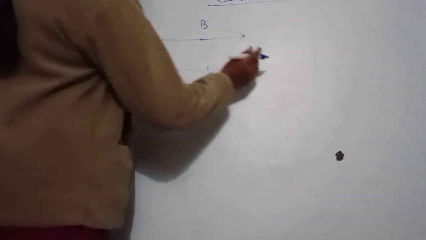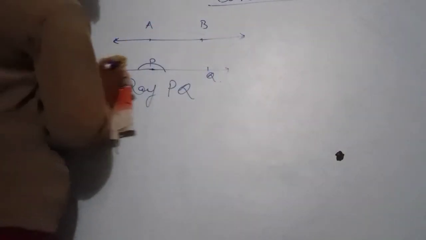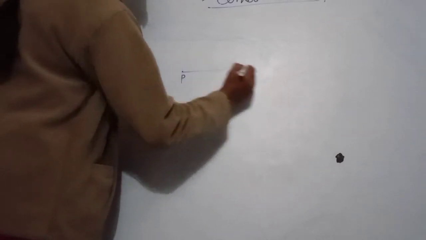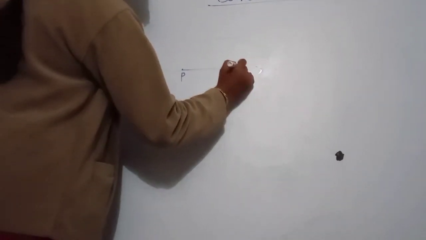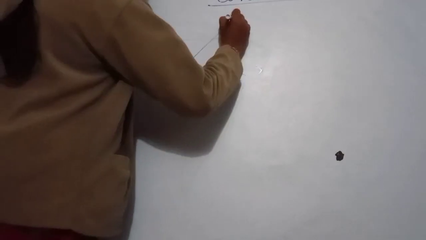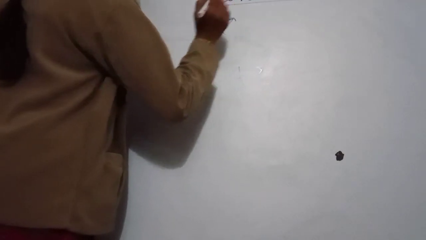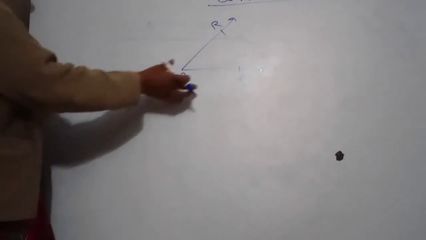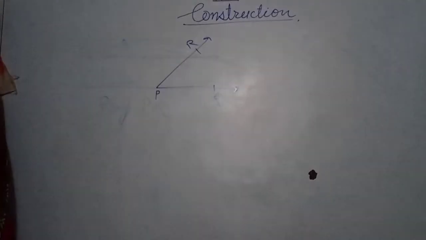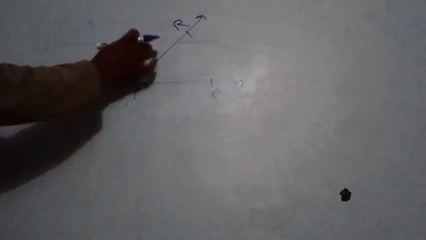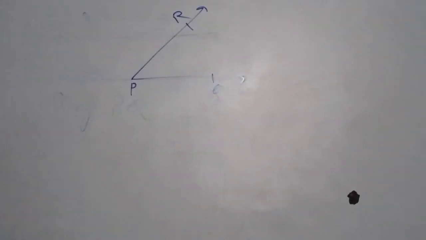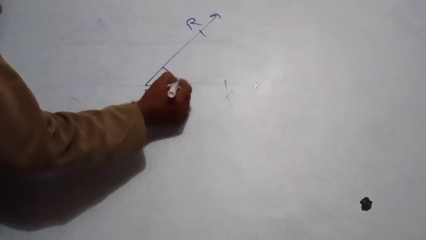But when two rays, this is ray PQ and ray PR, meet at the same vertex and are not in opposite directions, then an angle is formed.